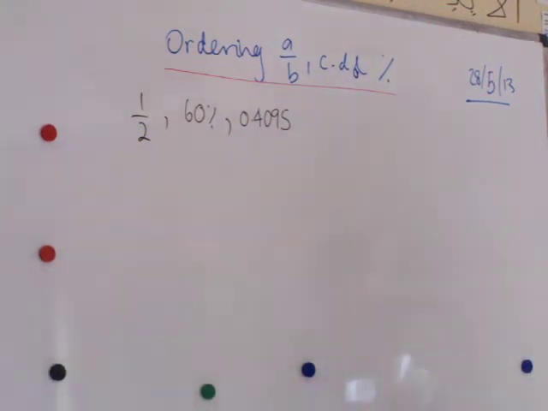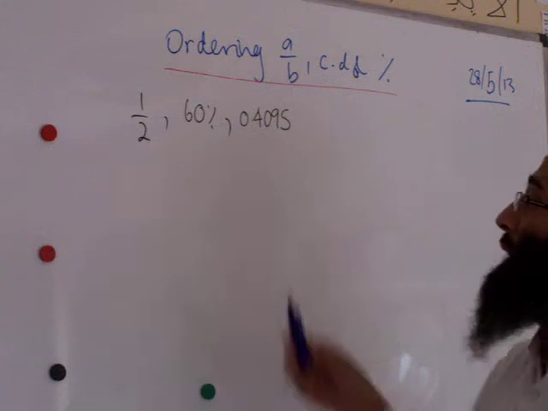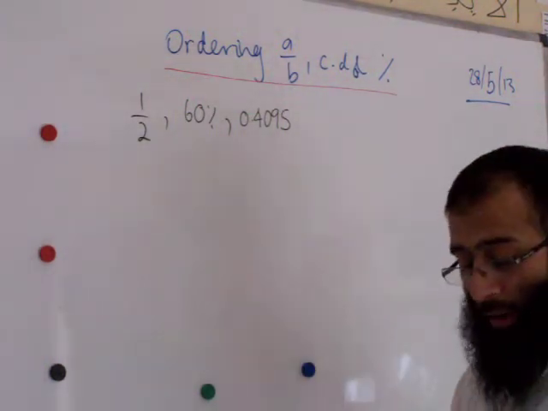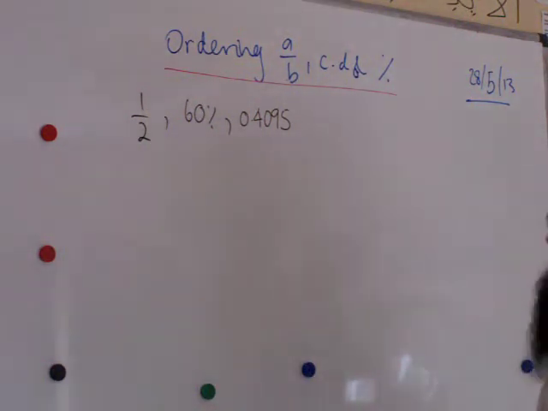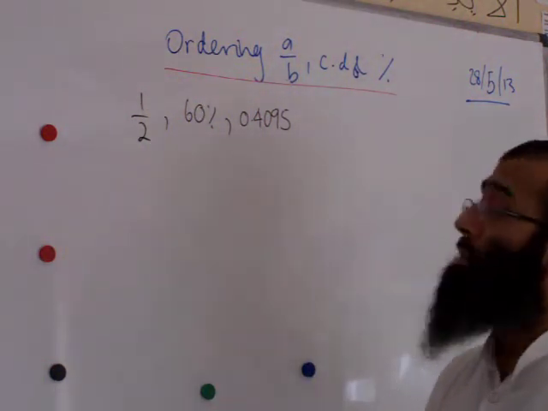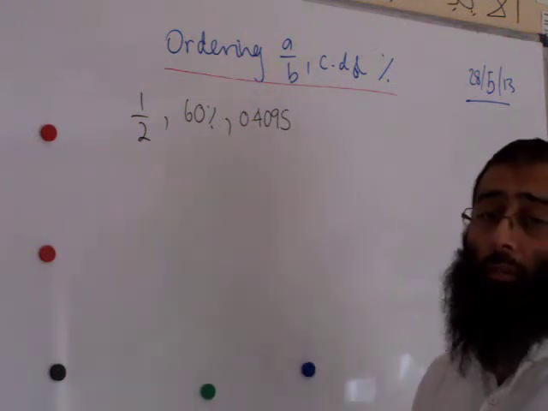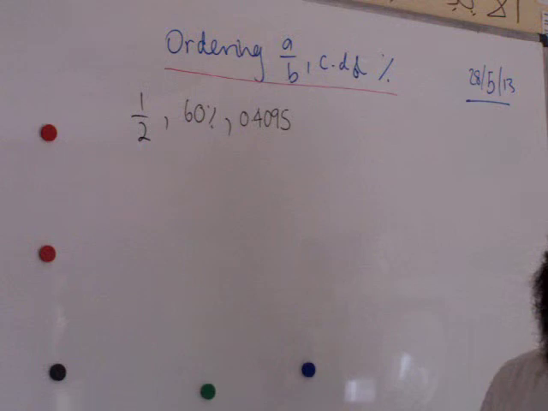Here we have three items in this question: a fraction, a percentage, and a decimal. In order for us to compare them, we need to convert them all into one type of number. So, Aaminah, what should we change them all into? Change them all into percentage.